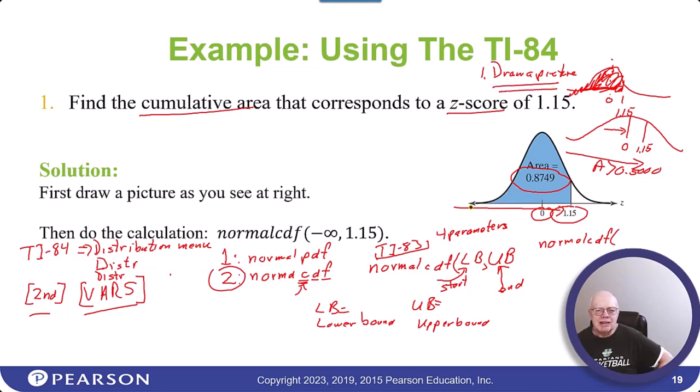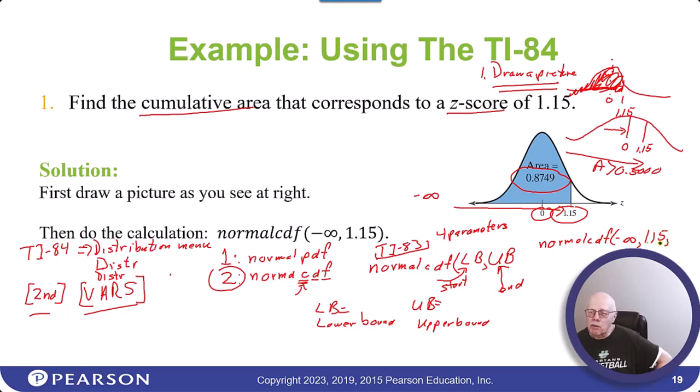The picture says there isn't any lower bound. Well, another way of saying that is it's like negative infinity. So we want negative infinity there. I'll come back to that in a moment. And our upper bound is we want it to stop putting it together at 1.15.